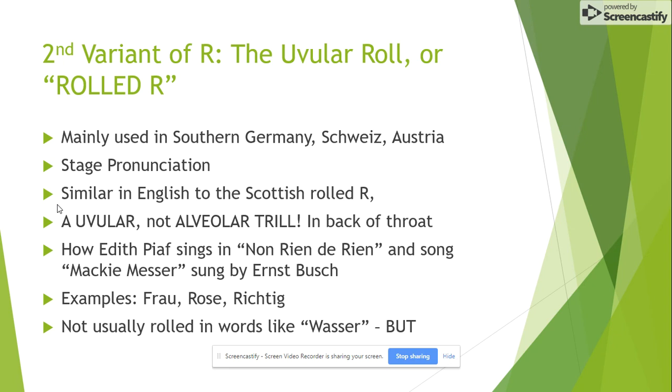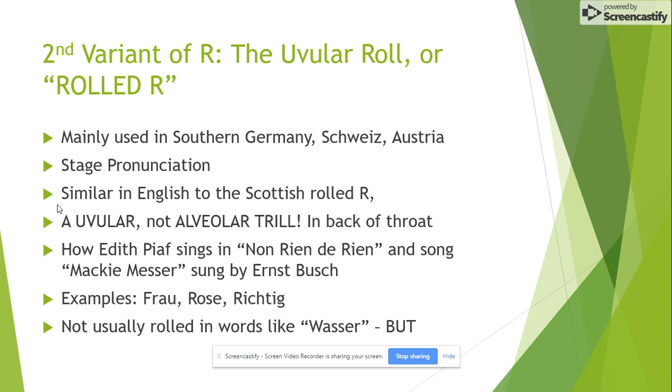And so examples in the words I previously mentioned: the word for woman in German would be pronounced Frau, or Rose, or richtig, with the uvular rolled R. But it's not usually rolled at the end of words, like Wasser, like I mentioned previously.